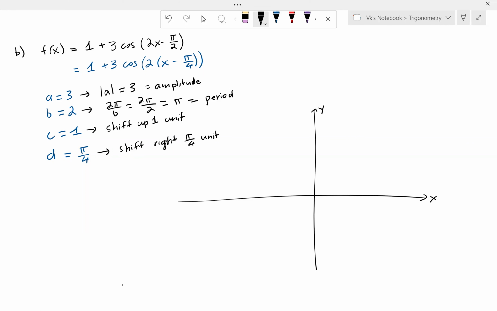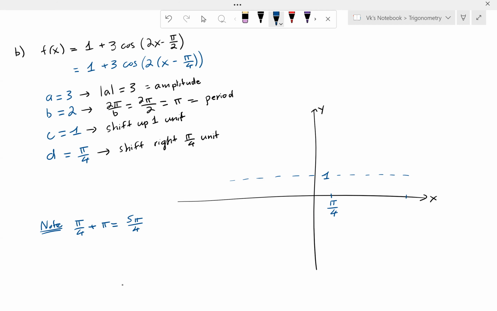First thing, start with the shifting. C equal 1, I'm going to shift up by 1. And then D equal pi over 4, shift to the right pi over 4 unit. Next, use the period to get one period, and that would be pi over 4 plus pi, which is 5 pi over 4.